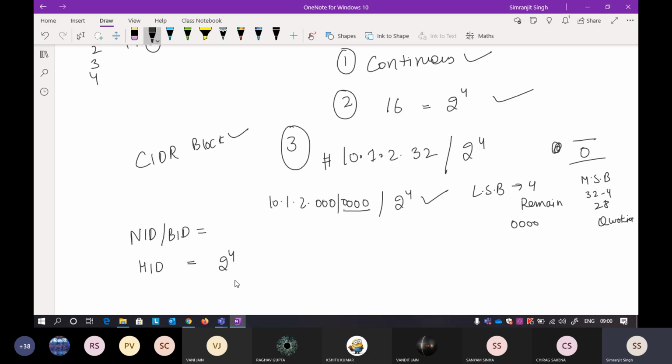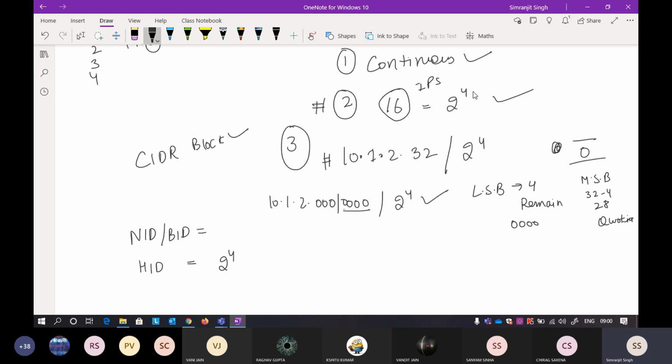Actually there is no need to remember it. What is the meaning of it? The second rule says that the size of the block should be a power of 2. It means it has 16 IP addresses available. So how many bits are required to generate 16 IP addresses?